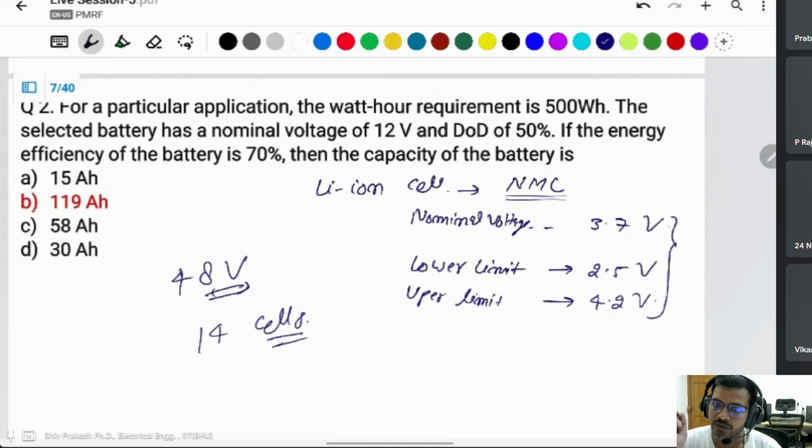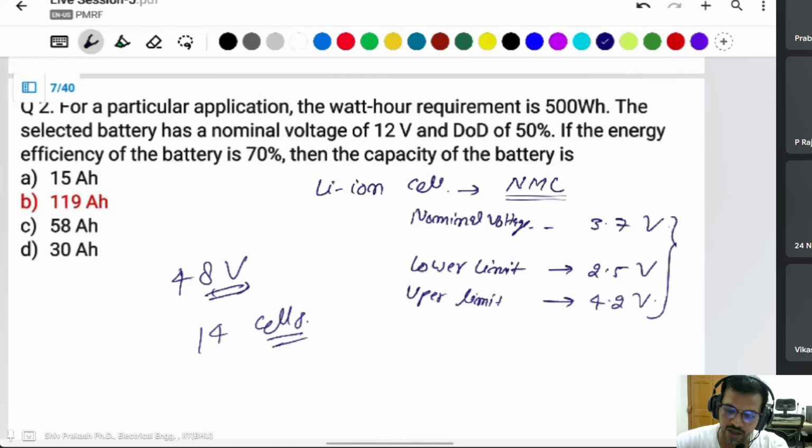You should never discharge beyond this limit of the cell. If you discharge below 2.5 volt, then the cell will be damaged. And if you charge more than 4.2 volt, the cell is also damaged. Its nominal voltage is 3.7 volt only. To make a high voltage battery, cells are connected in series.